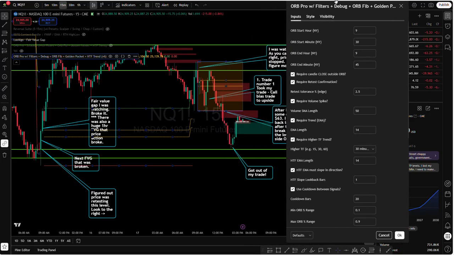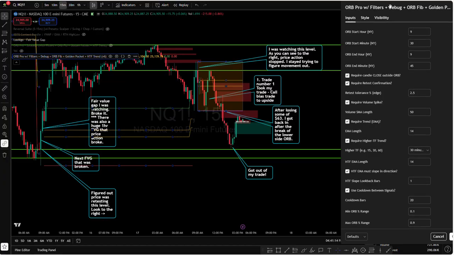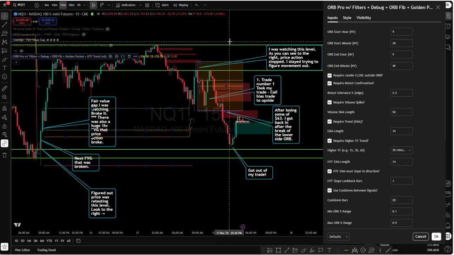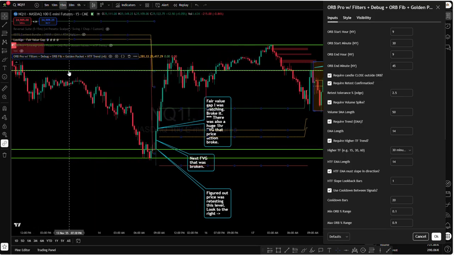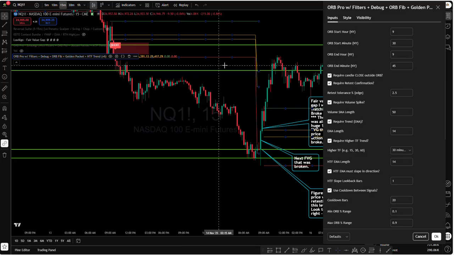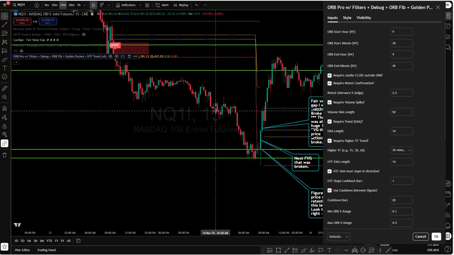When I created this indicator, I created it with very, very strict rules. So when the signal does come on, I want to make sure that there are multiple confluences in the indicator itself, so that way it can give us the indicators and signals of where things are going to go.